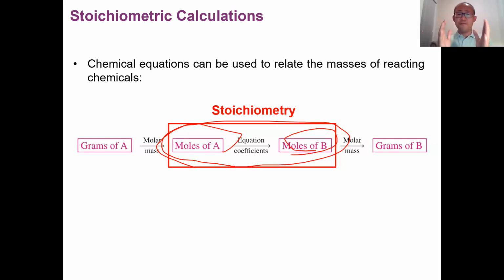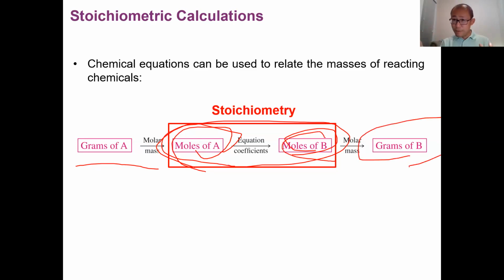So before and after the stoichiometry calculation, you have two more steps: convert the grams of A to the moles of A, and after relating the moles of A and B, convert the moles of B back to grams of B. Remember, what we measure in a real lab is still in grams. So stoichiometry relates by coefficients, but before and after it, you need to convert between grams and moles.